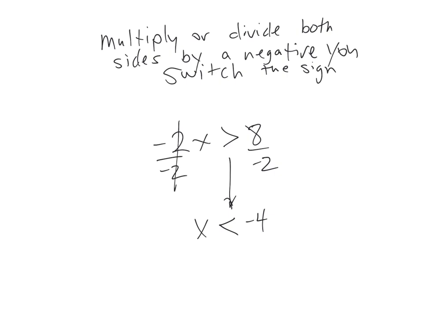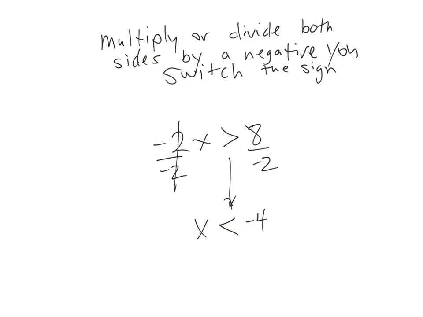Is 8 greater than 8? No, and that is why we don't have the line right here, okay? But negative 2 times negative 5 would be negative 10, right? And that would begin to work. In fact, negative 4.5 would be greater than.